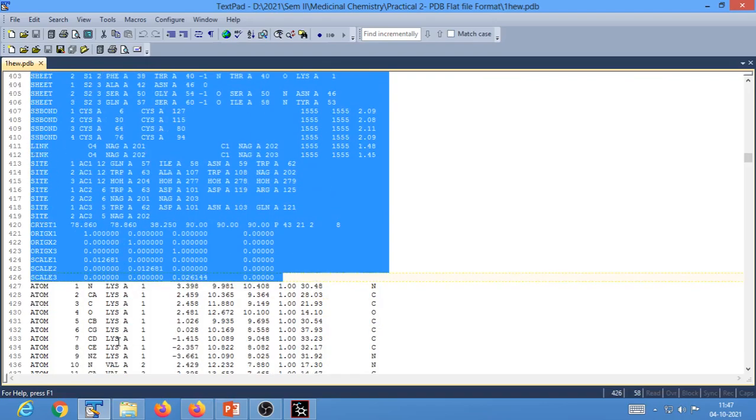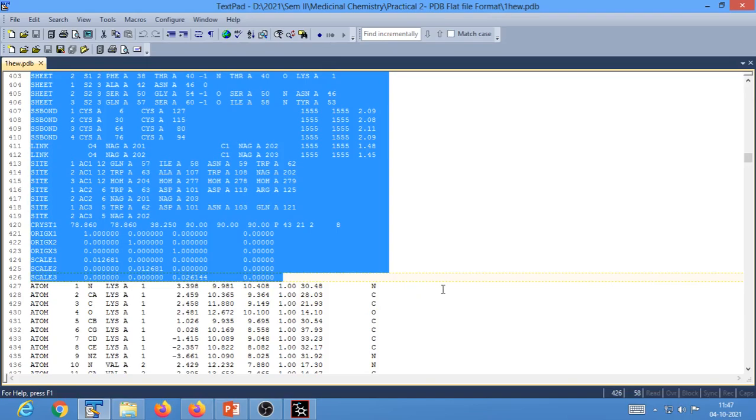And whatever lines in your PDB file begin with the keyword ATOM or HETATM, and CONECT lines, those represent your coordinate information.